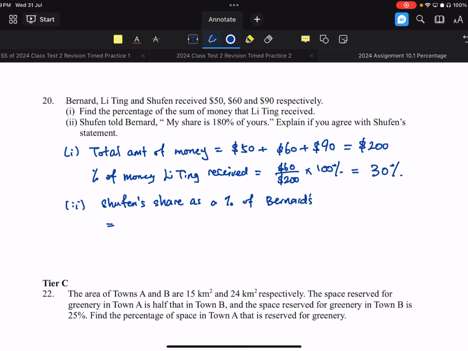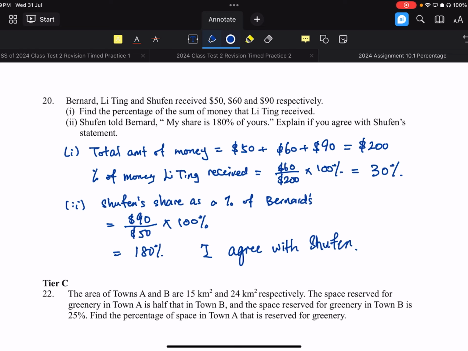So how this works is that we will have Su Fen, which is $90, so we got 90 over Bernard, which is $50. Okay, we multiply by 100%, and that works out to be 180%. There we go. Su Fen is telling the truth. So I agree with Su Fen.